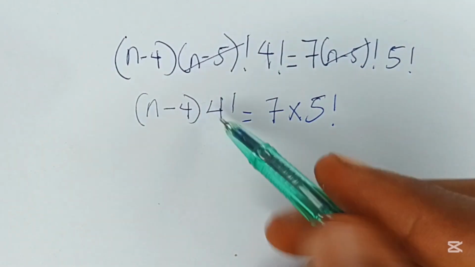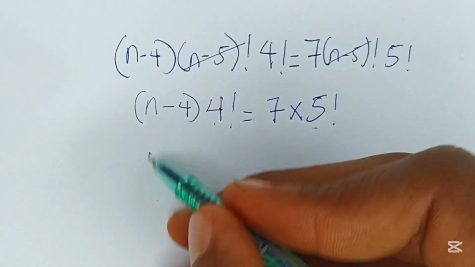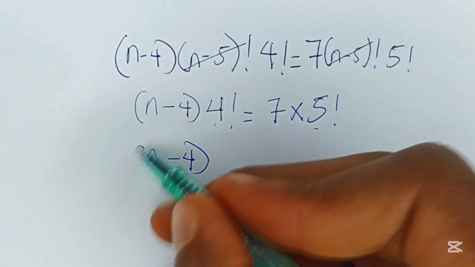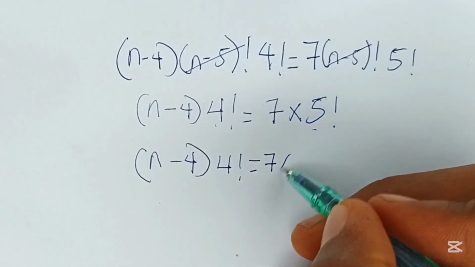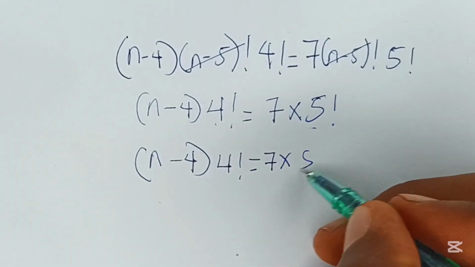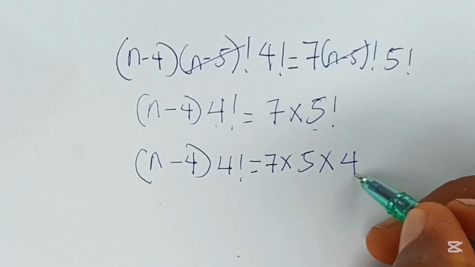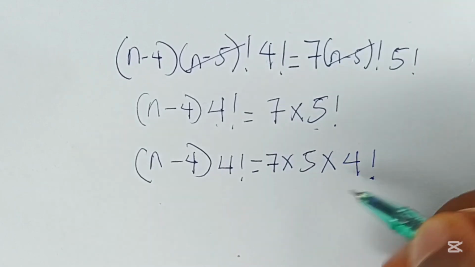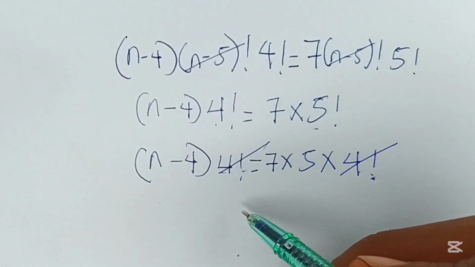The same thing we did for n, we can do for this 5 and 4. 5 factorial is 5 times 5 minus 1, which is 4 factorial. Now you see that this and this are the same, so we can strike here and here.